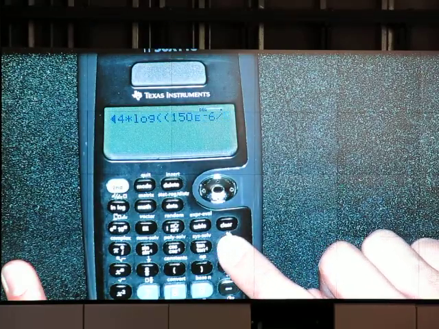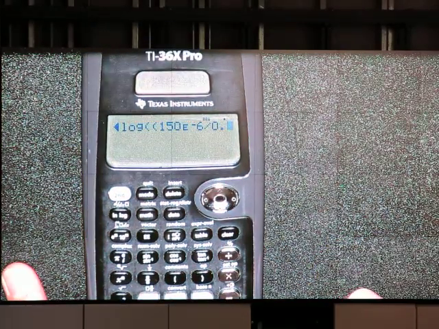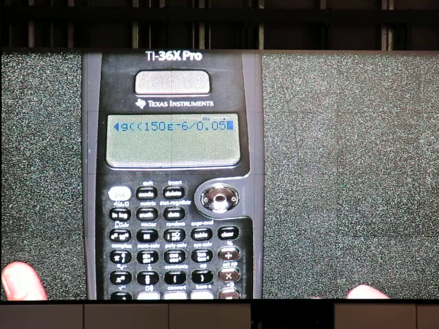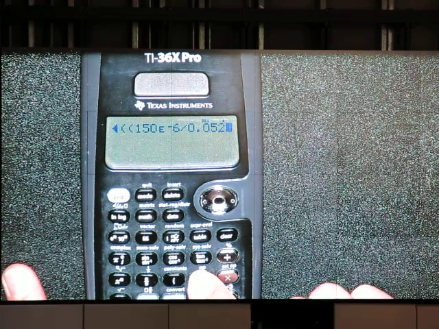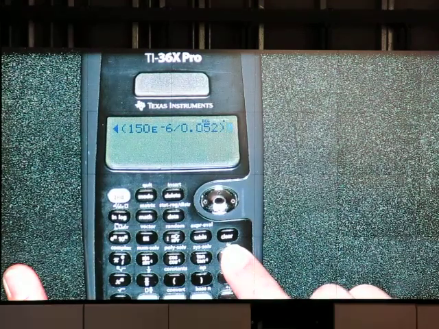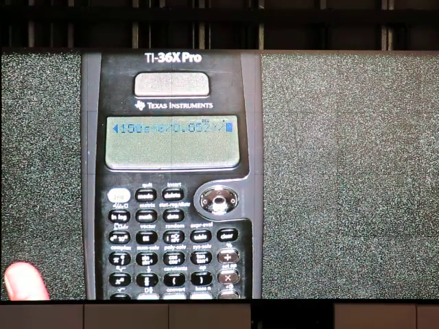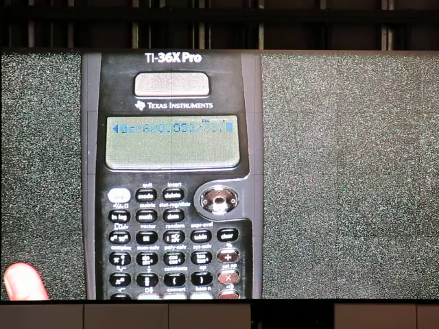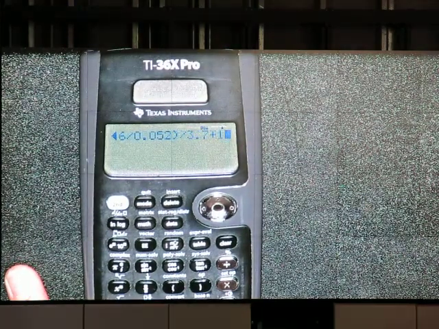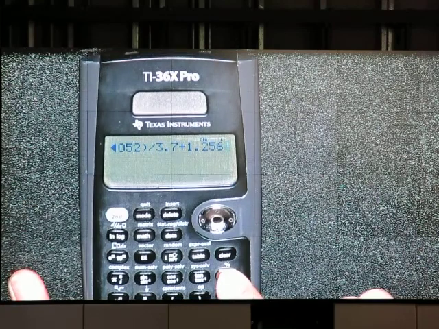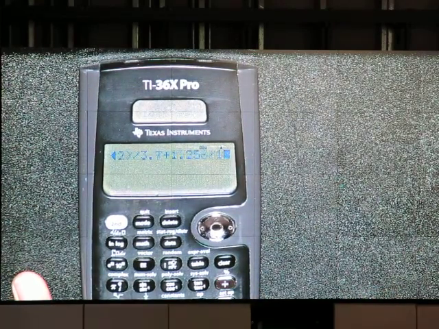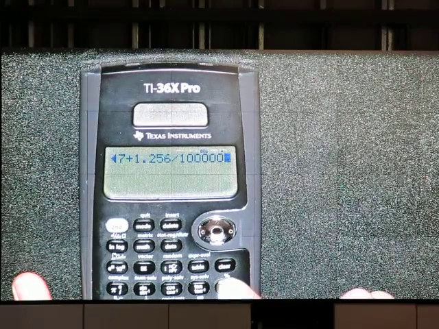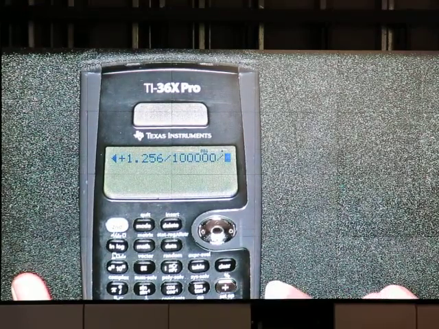Divided by diameter 0.052. Are you showing us how to use this calculator? Correct, so that you can do it in the exam. And then I divide by 3.7. Plus 1.256 divided by Reynolds number, which is 10 to the power 5, divided by square root f.